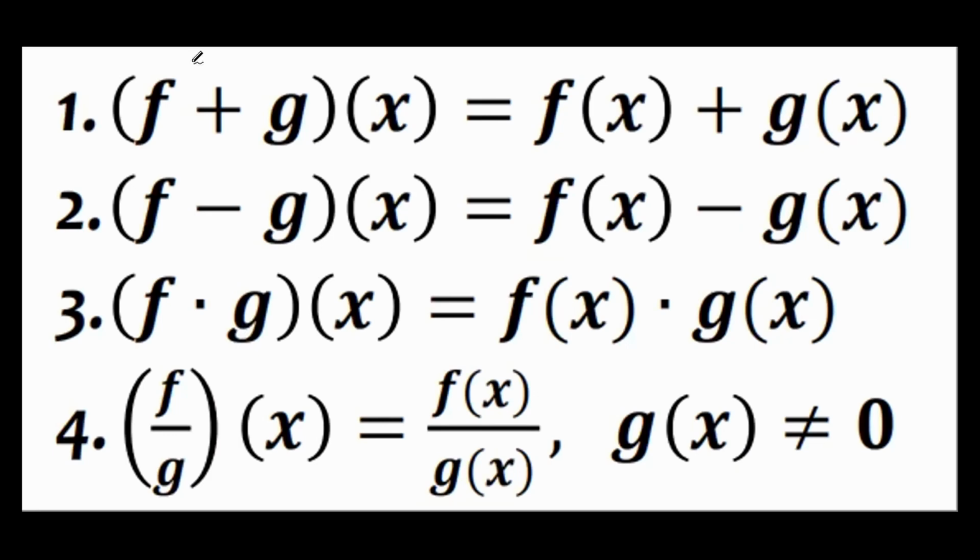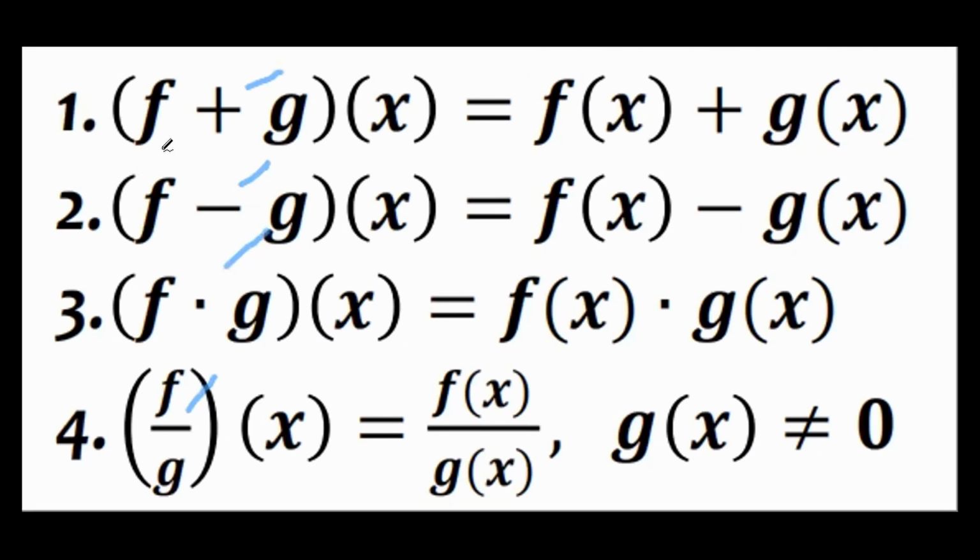Now, if f of x and g of x are two functions, then for all x in the domain of both functions, the sum, difference, product, and quotient are defined as follows. The sum f plus g of x is equal to f of x plus g of x.